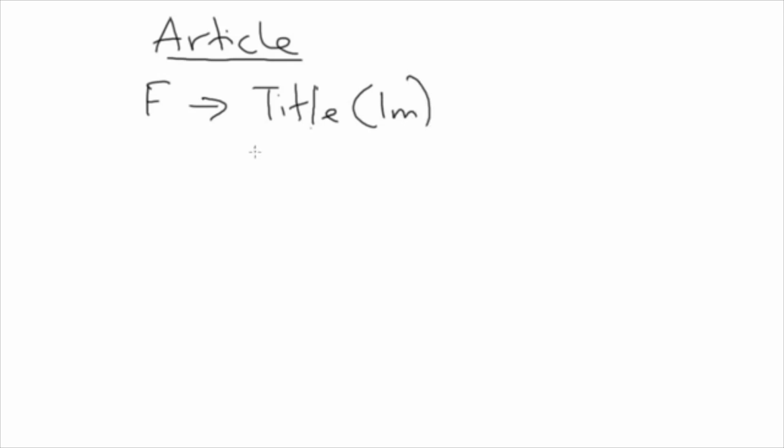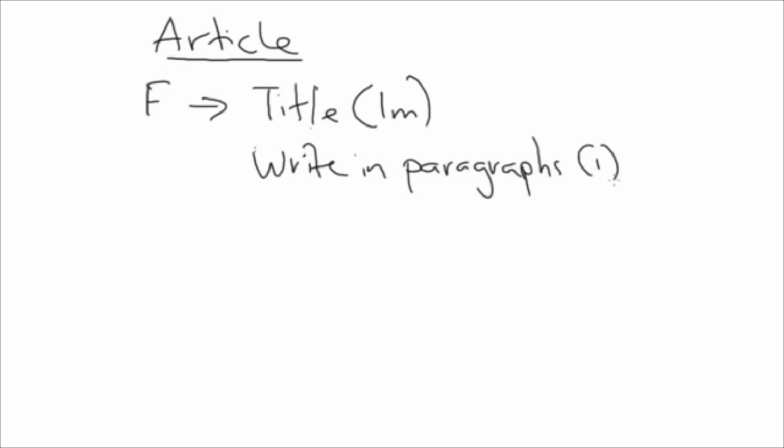Write in paragraphs, that will be 1 mark. You may just have 2 paragraphs. That's enough. You get 1 mark for that, for a format. And you end up with written by, 1 mark.